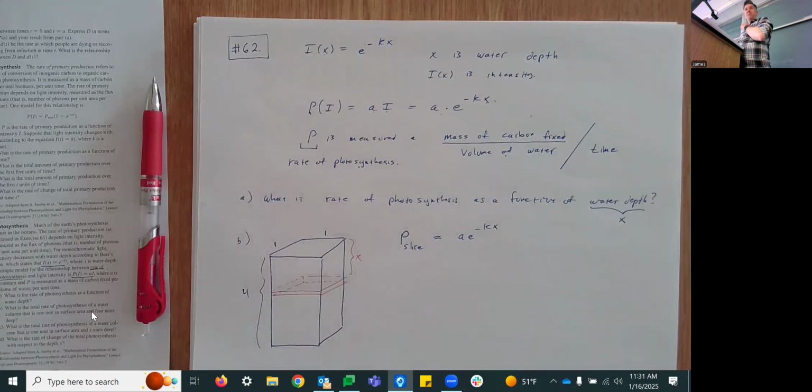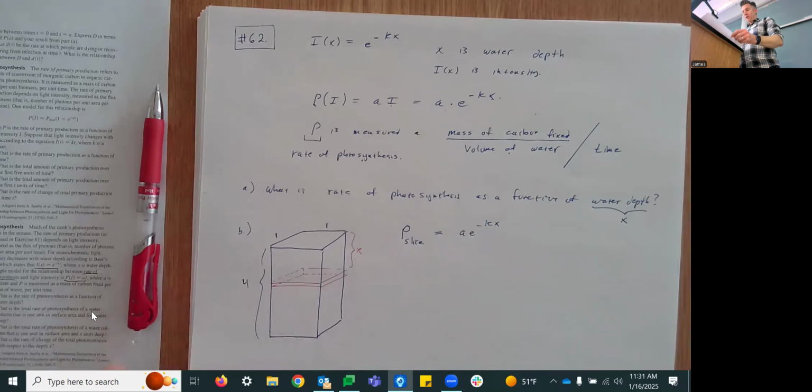Confused about the rate. Why for question 50 we found the antiderivative of the function given, but for this one it's just... That's an excellent question. Here they aren't asking us to integrate the photosynthesis yet.